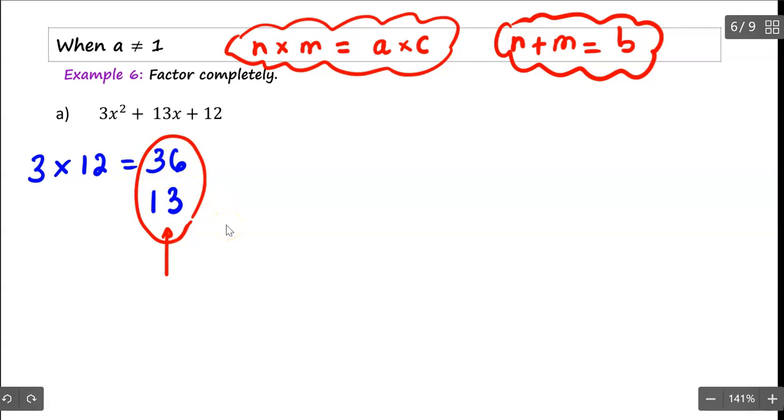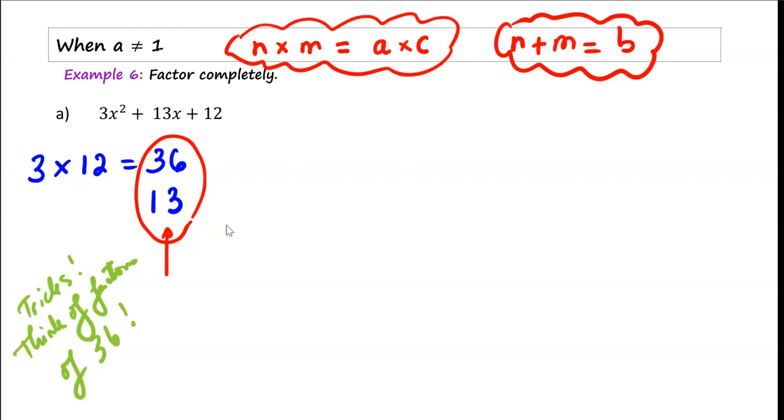Okay, so the trick here is to think of factors of 36. Okay, so what do I mean by a factor of 36? That means 36 is an even number, you divide it by 4. What do you get? You get 9.